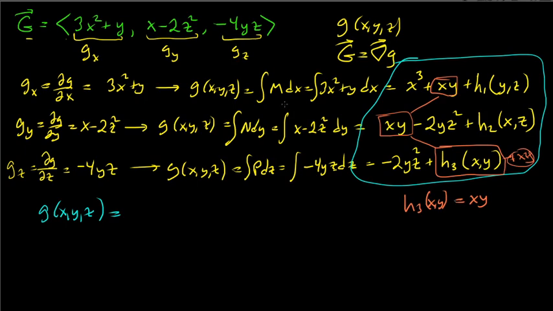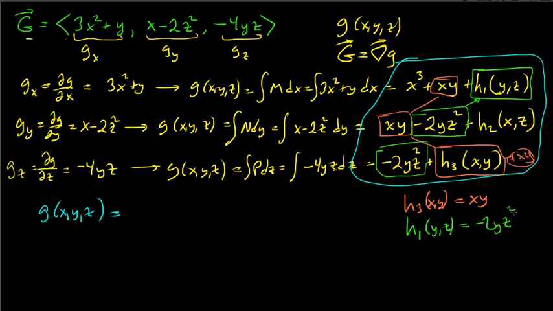All right, what else? What else do we have? In the bottom two here, we have this negative 2yz squared. So that's a function of y and z. And that might be the perfect candidate for h1, because h1 can only depend on y and z, but not x. So luckily, that's h1, right? There is no x in negative 2yz squared, so that would be my h1. Okay, so now the only thing left here is this h2.